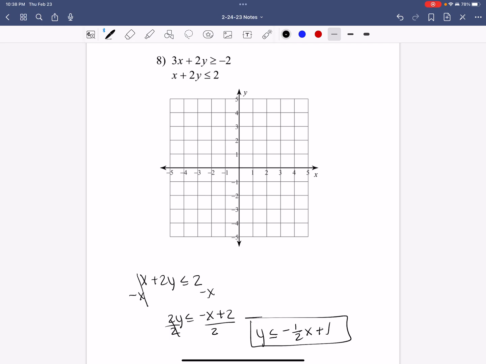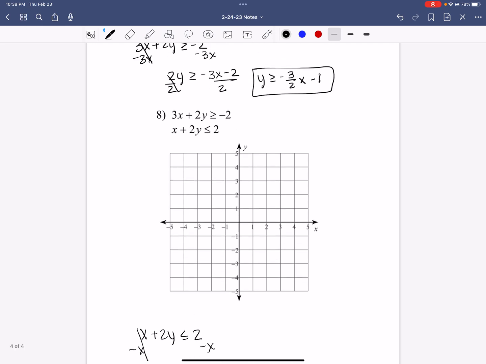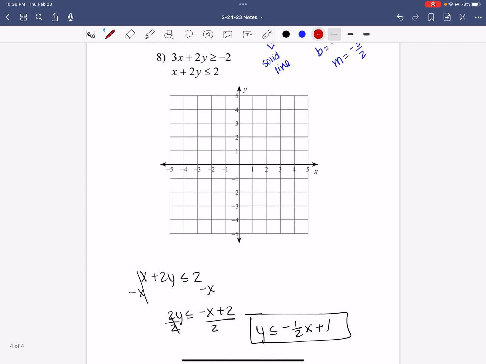Okay, so first and foremost, I'm going to make this one my blue one. So let's start there. My b is -1. My m is -3/2. And it is going to be a solid line. And then let's go to the next one. I'm going to make that my red.